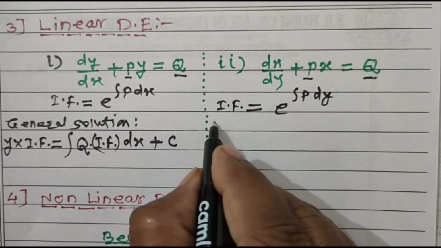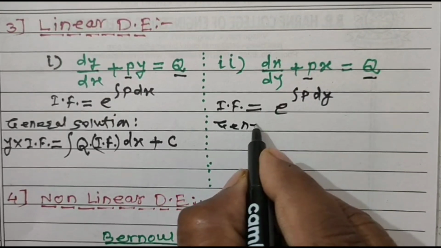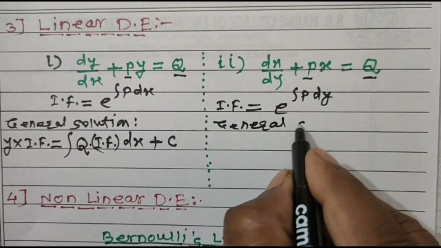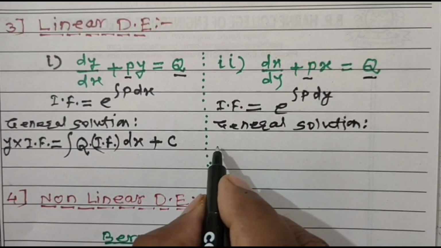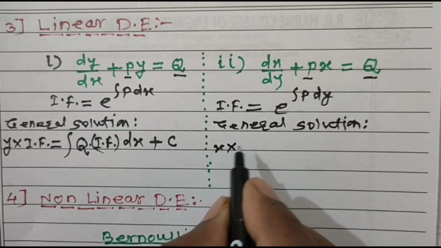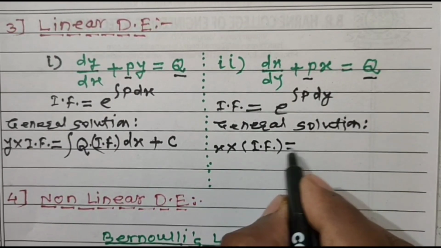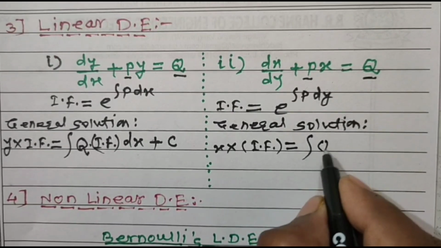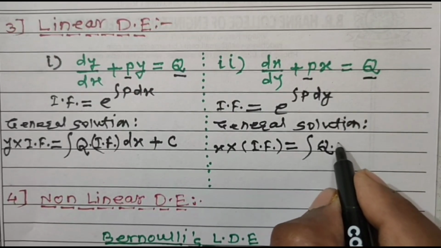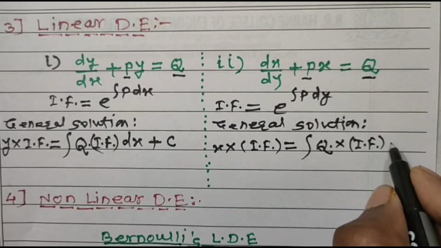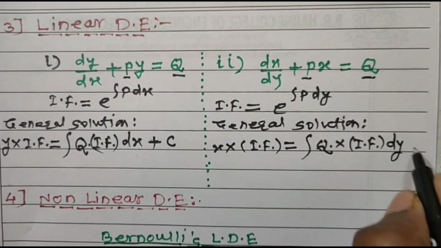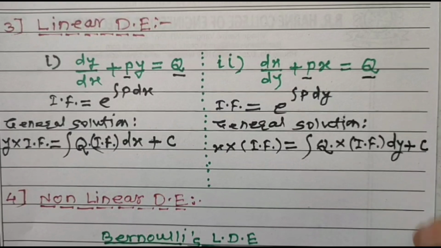And the general solution for this form of given differential equation is given by x into integrating factor is equal to integral of q into integrating factor. Here integral with respect to y plus integral constant c.